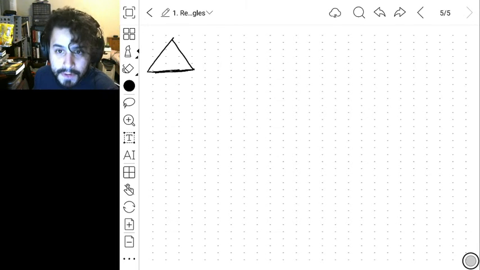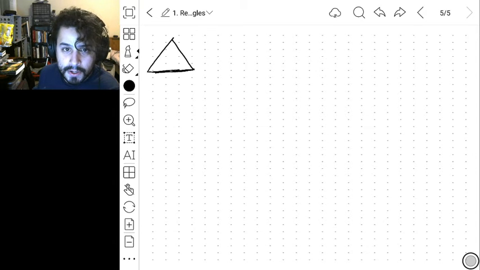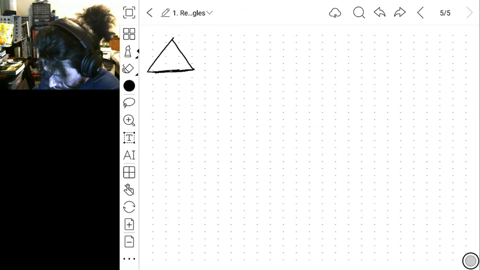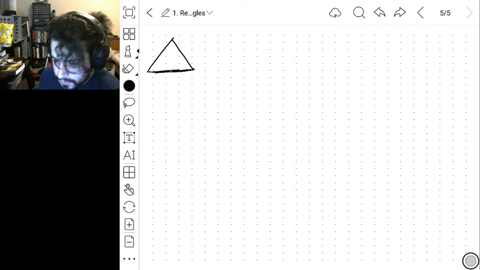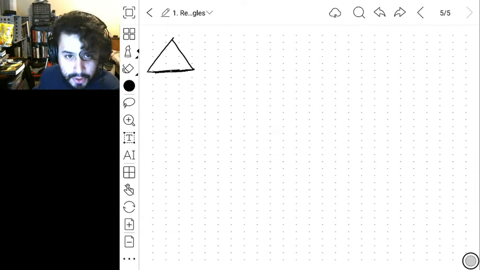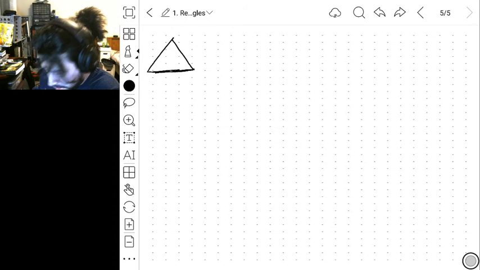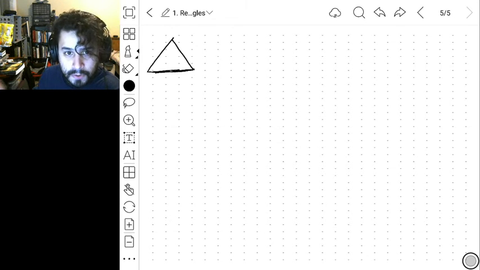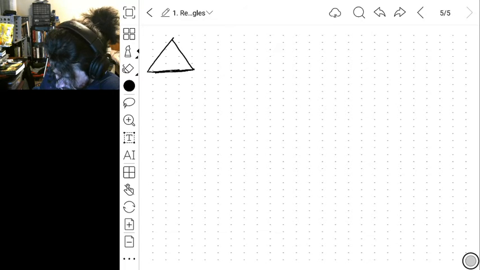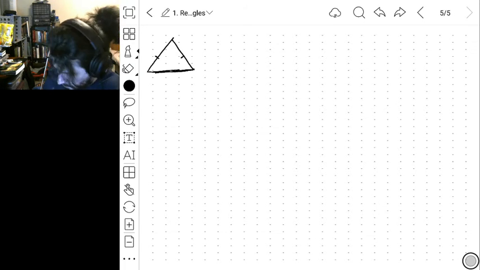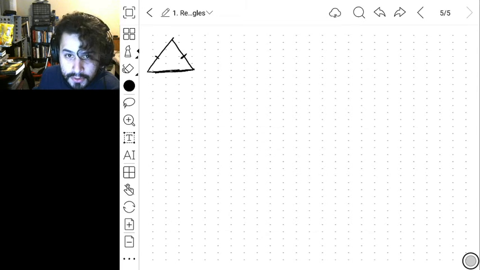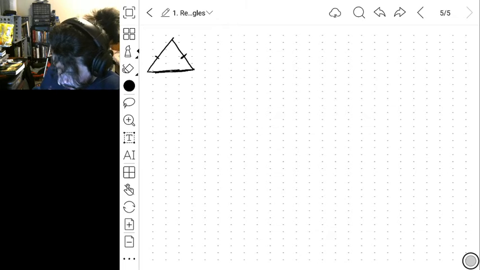The way that we're going to define triangles is based on the lengths of the sides and the measurement of the angles. Some things to keep in mind about notation: if we have two line segments that are the same size, we'll notate that by drawing little lines like this to indicate that they're the same size. If we want to indicate that angles are the same, then we will do something like this.